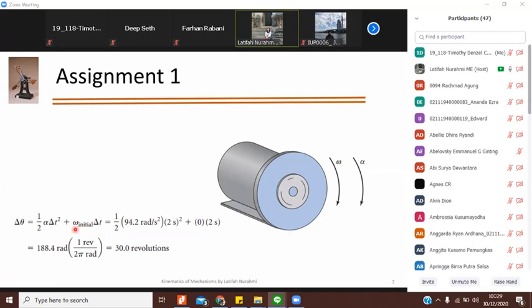So we can apply this. We have the omega initial, so basically we have the displacement due to the initial velocity. The initial is 0 because the grinding wheel was at rest. And then we have this due to the constant accelerations.